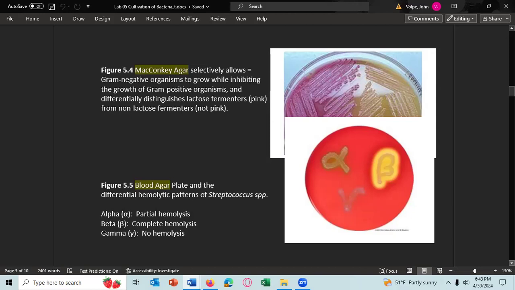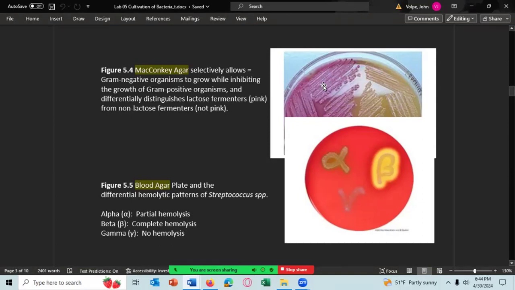If the bacteria can ferment the sugar lactose on McConkey's agar, it will appear purplish or purple pinkish in color from the change in the pH of the media from lactose fermentation, meaning it's slightly acidic. It'll be acidic and it'll turn purple in color.